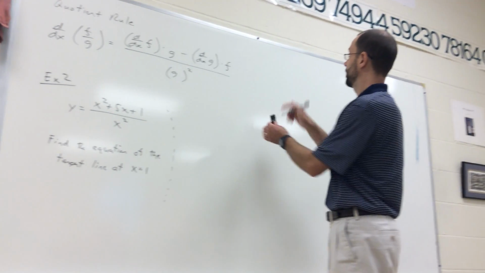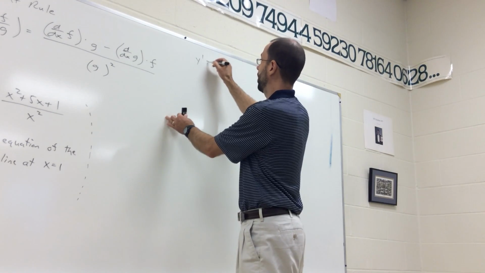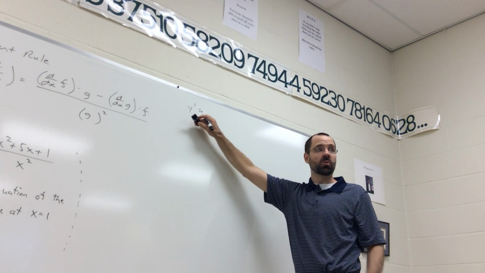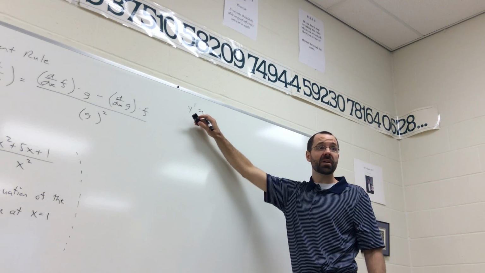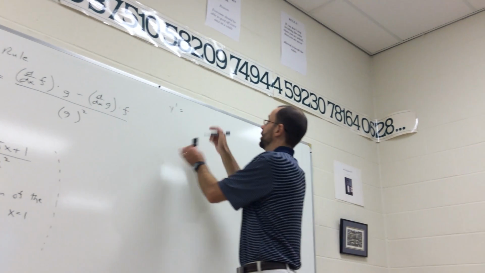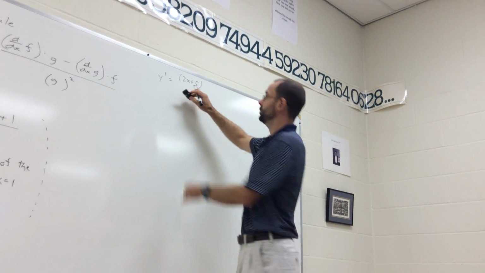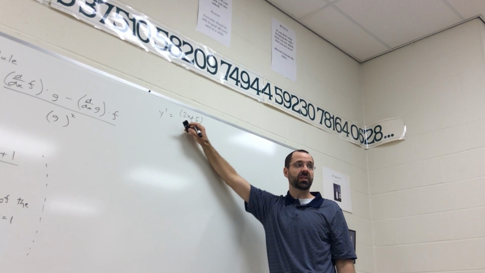Okay, so to figure out the formula for the derivative, the y prime, the way the quotient rule works is it's the derivative of the top. So that's 2x plus 5. Everybody okay with the top derivative being 2x plus 5?